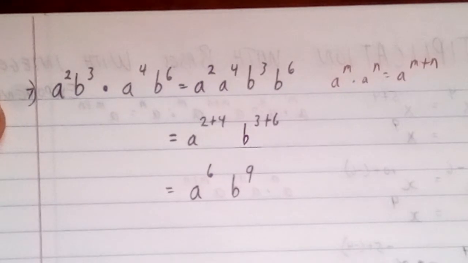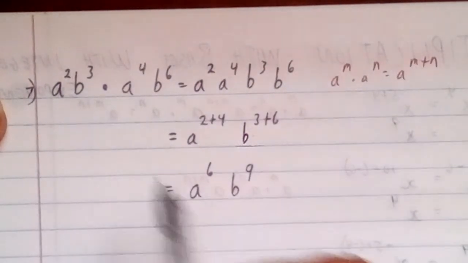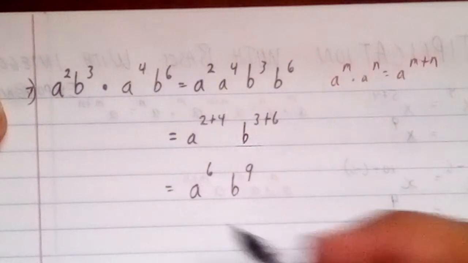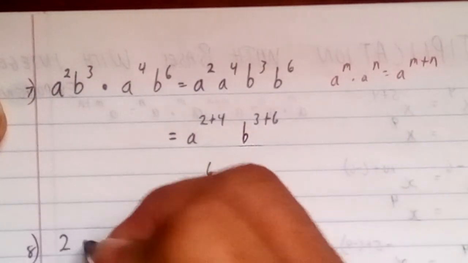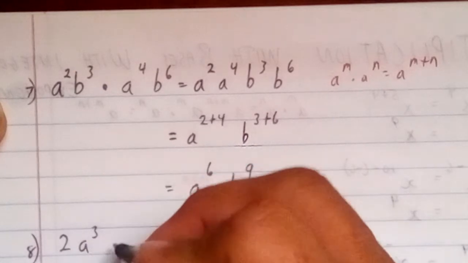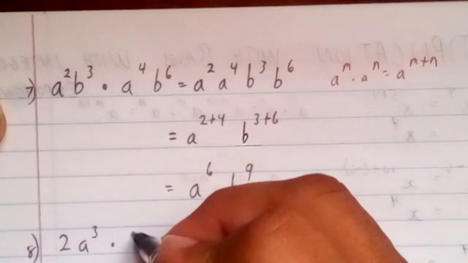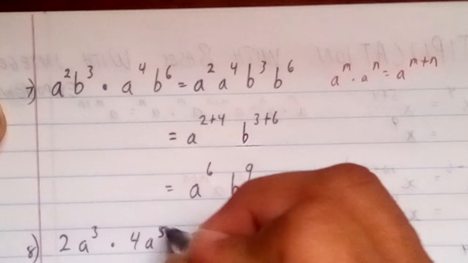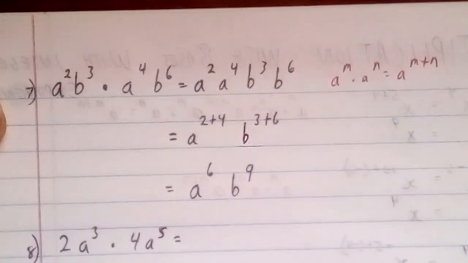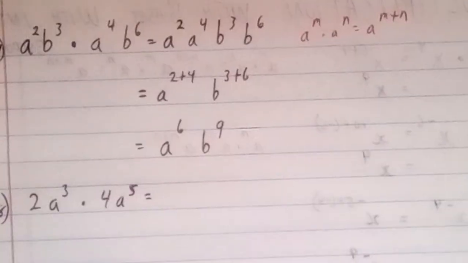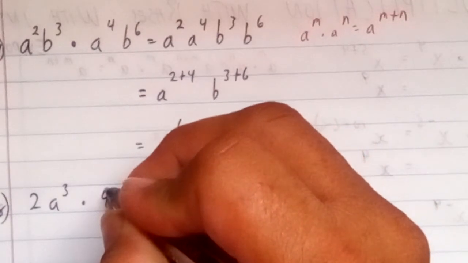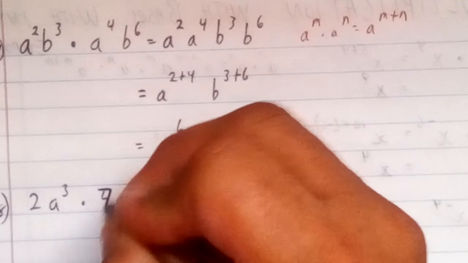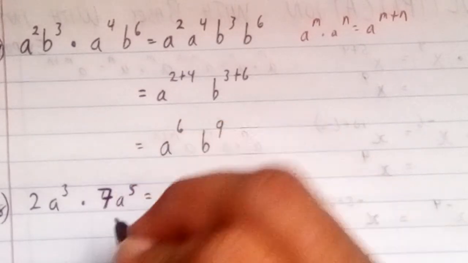Right? So now we're going to go to ones where we have numerical values other than 1 here. So we have now 2a to the third times 4a to the fifth. What's the solution to that? Well, okay, let me change this number 4 to 7, so that this will bring us to a new topic.